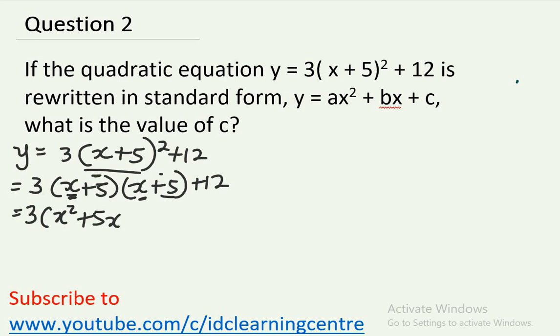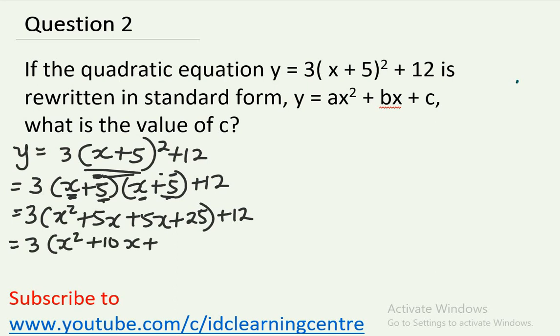We are done with x, you go to this 5, 5 times x is 5x, then 5 times the last 5 here, 5 times 5 is 25, plus 12. So this will give me 3 bracket x squared, 5 plus 5, 10x plus 25, plus 12.